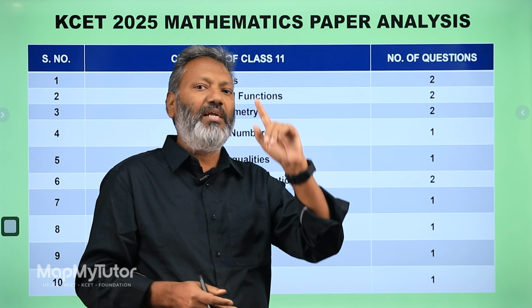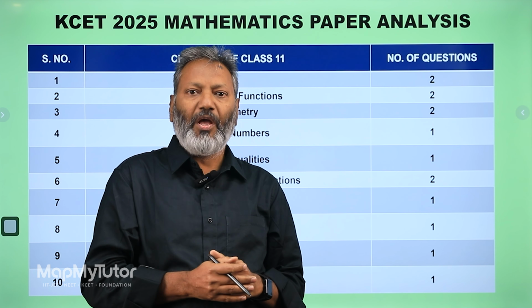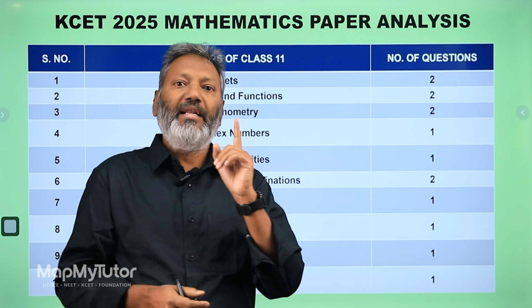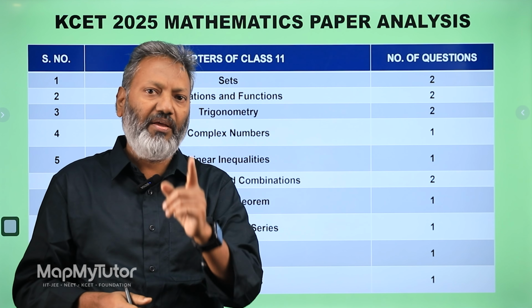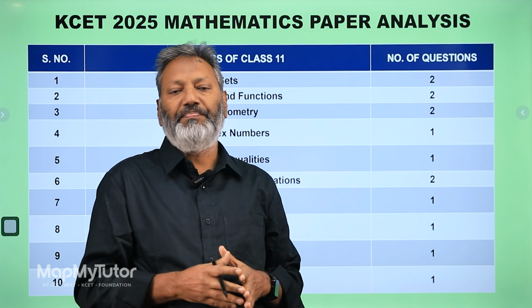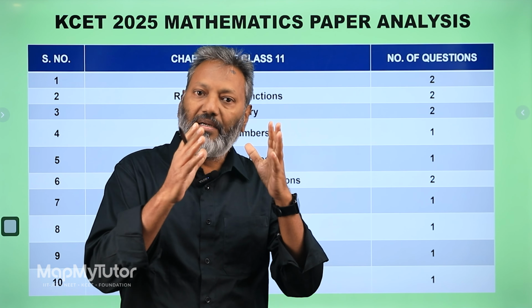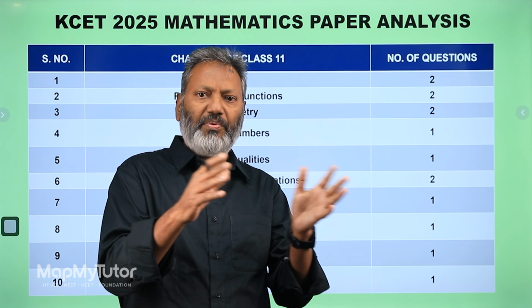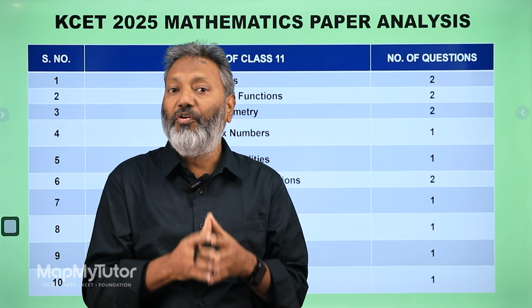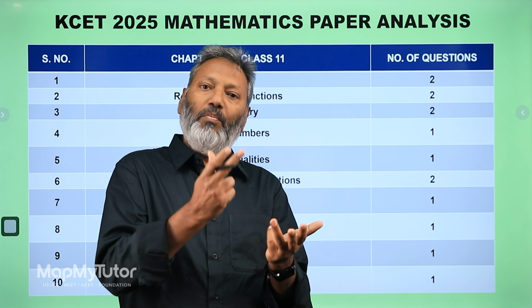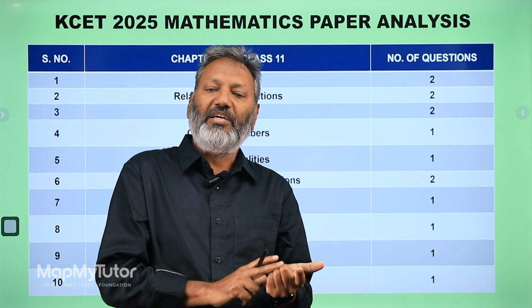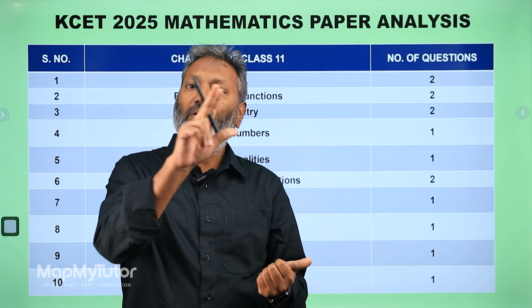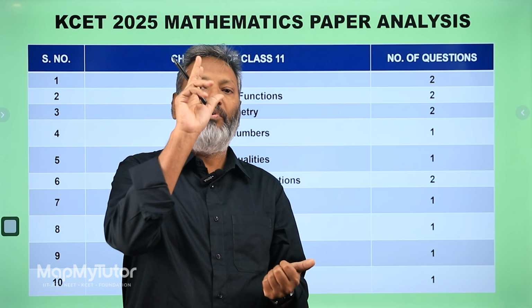Usually 2 questions means relations 1 and functions 1, or both from functions. In 11th functions, the very important concepts are domains and ranges and types of functions. In types of functions, some topics are very easy, but you focus on signum function, modulus function, logarithmic function, and exponential function. All these types of functions are very important.